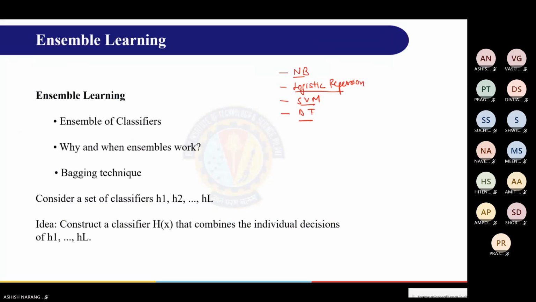Any thoughts? I am going to use a classifier. These are the 4 different classifiers we have studied: naive-Bayes, logistic regression, support vector machine, and decision trees. What do you think? Which one will give better results?